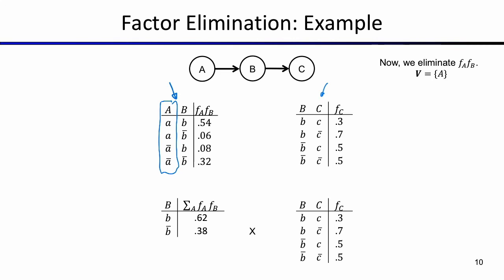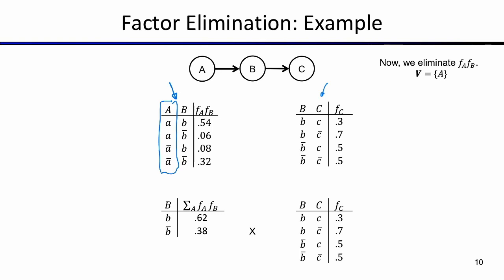The first step is to eliminate all variables that only belong to this factor, and the second step is to multiply by another factor. In this case, we have to multiply by the factor FC because it is the only remaining factor that we have.